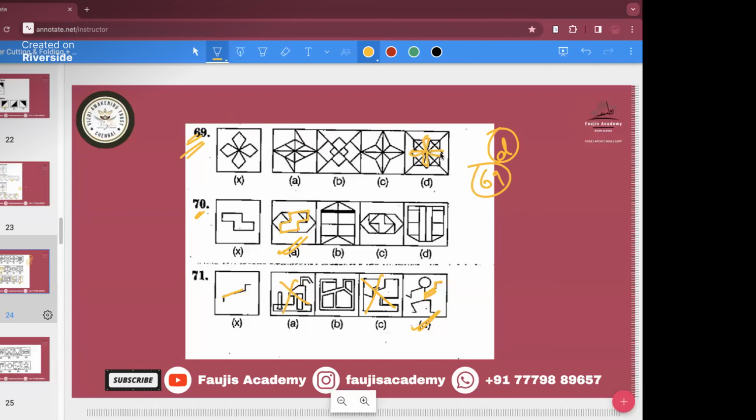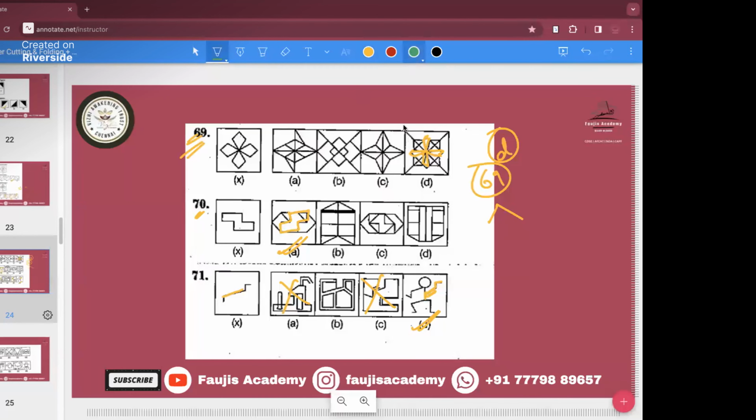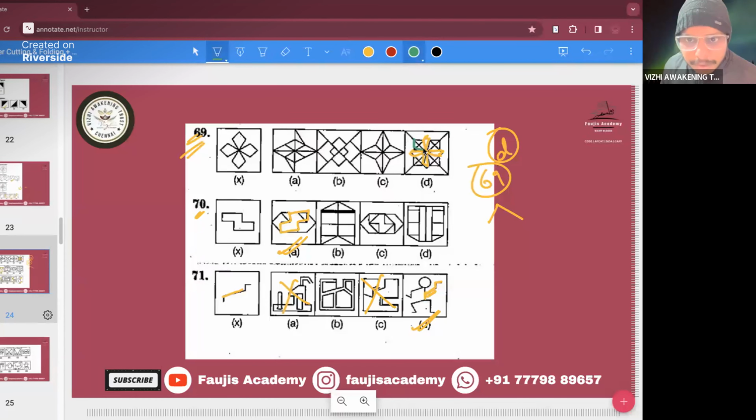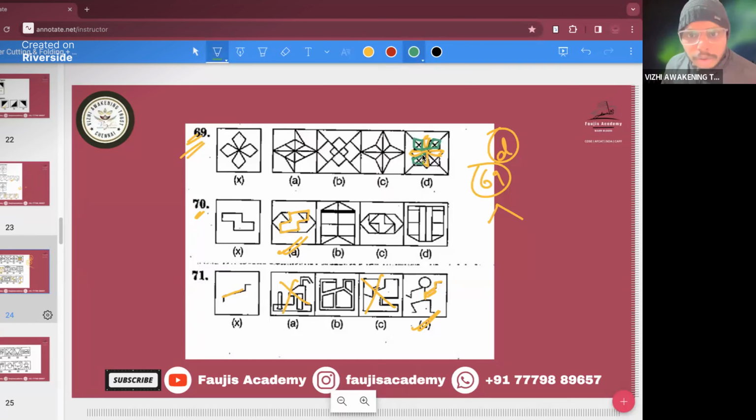Sir, if we turn it 45 degrees, it will be exact. Oh, yeah, seriously. Sir, I have a doubt. Yes, buddy. I think in identifying a similar figure embedded in the picture, rotation won't be allowed. No, rotation is allowed.